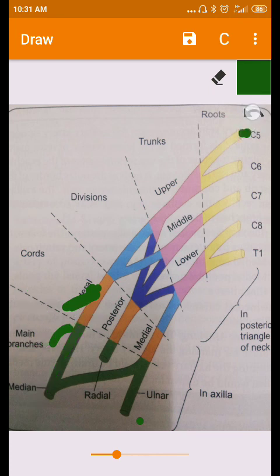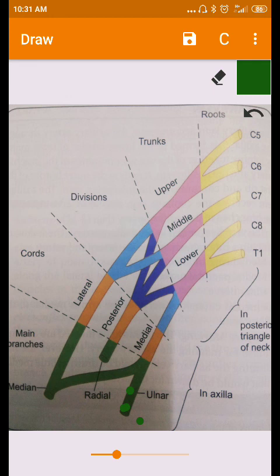Next, coming to the medial cord. The important nerve in the medial cord is the ulnar nerve. Now what are the other branches coming from this?